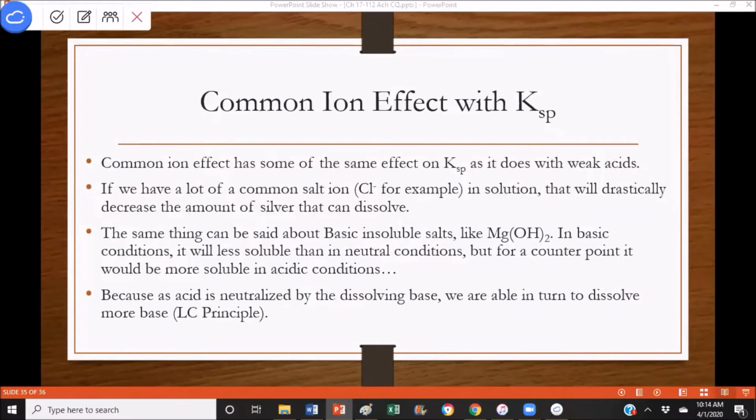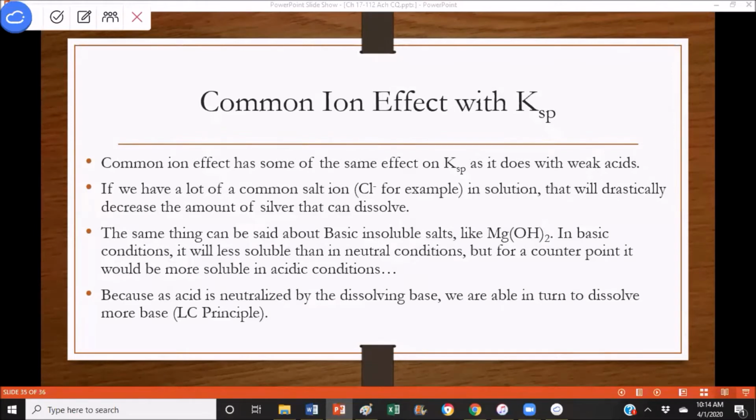Now, the same thing can be said about basic insoluble salts, like magnesium hydroxide. Under basic solutions, magnesium hydroxide is poorly soluble. Under neutral conditions, it's more soluble. Under acidic conditions, it would be the most soluble because the hydroxide, when it dissolves, will neutralize the acid and thus go away.